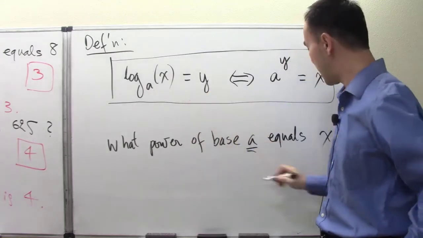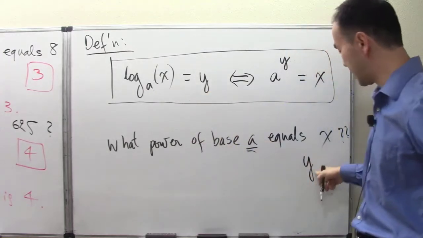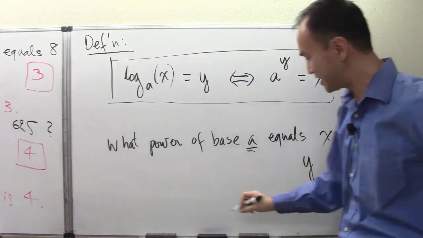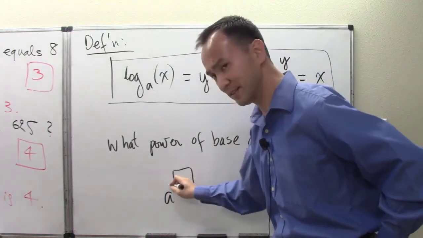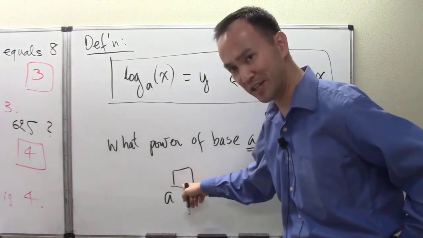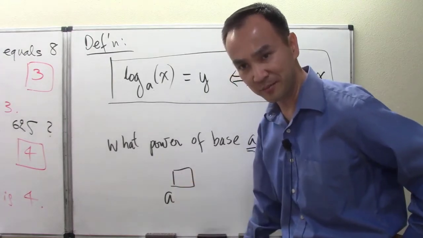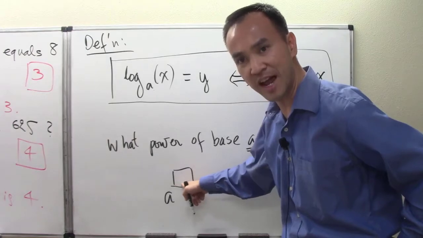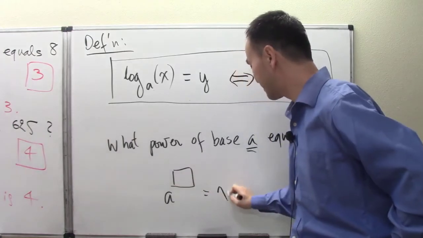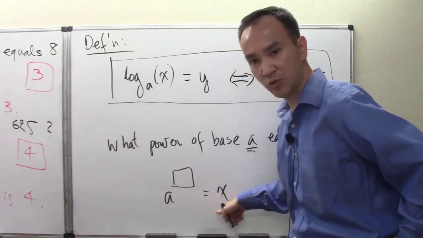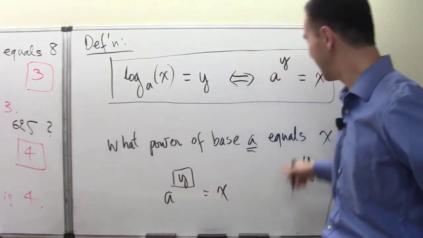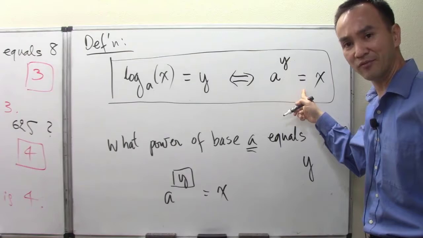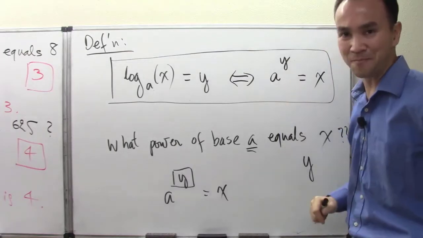And so if the answer is y, then that means, see, when I was explaining it earlier, I was using the box thing, and then an empty figure inside of the box because that was unknown, but that's our answer right there, okay? See, what power of base a equals x? So now if the answer is y, we have a to the y equals x, and that's why we have this equivalent statement right there.